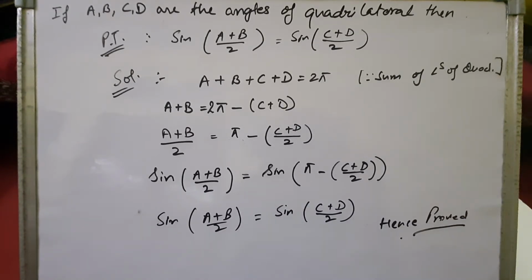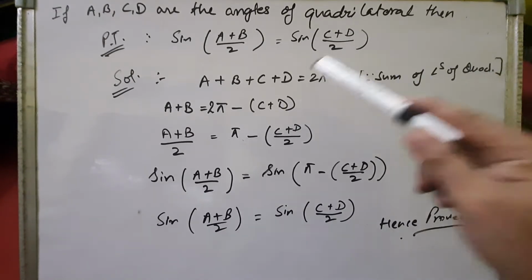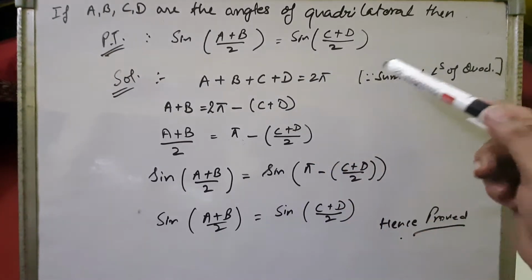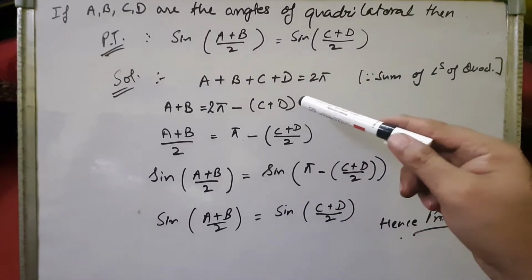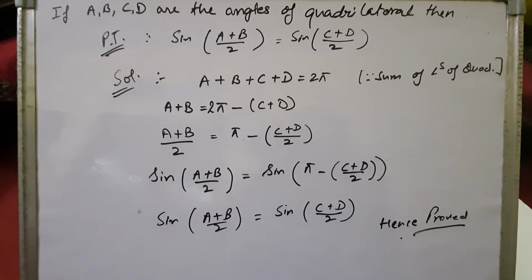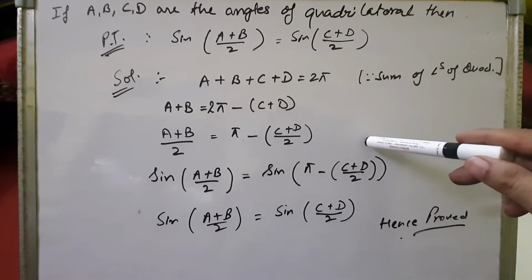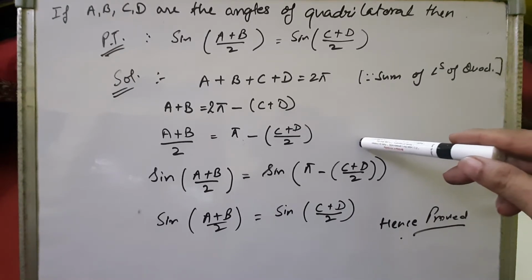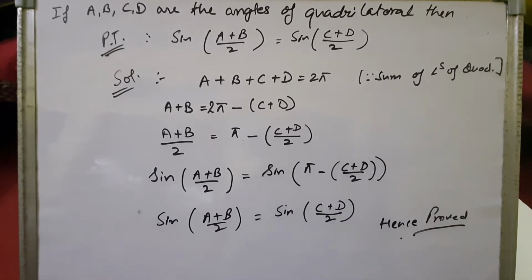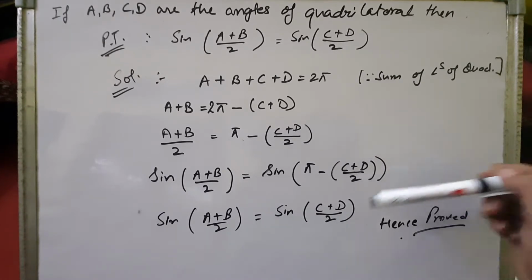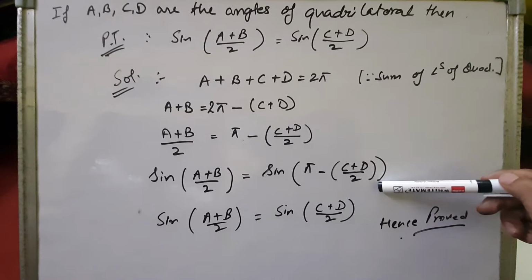Right? Now if we transfer C plus D to the right hand side, we'll get A plus B equals 2 pi minus (C plus D). And when we divide both LHS and RHS by 2, what we'll get? (A plus B) by 2 equals pi minus (C plus D) by 2. Now take sine both sides. We'll get sine (A plus B) by 2 equals sine of (pi minus (C plus D) by 2).